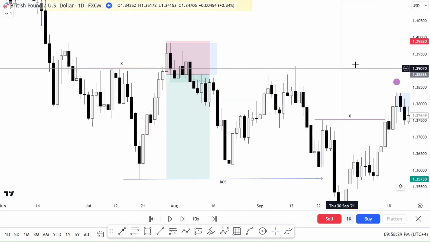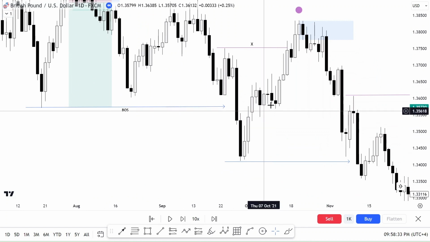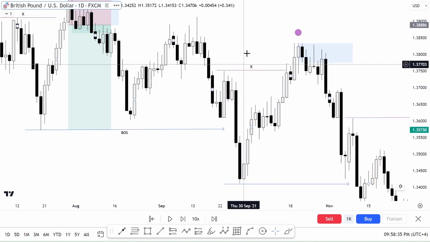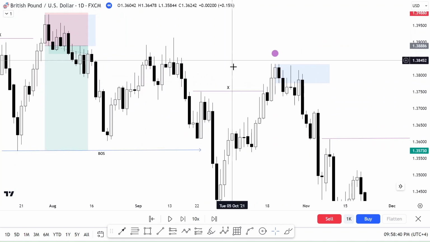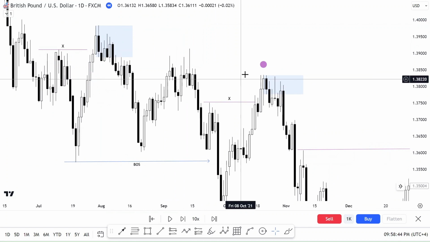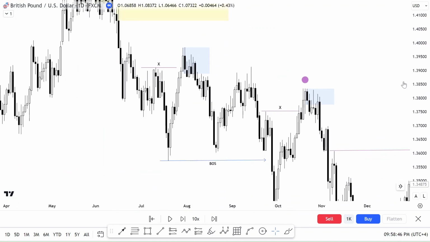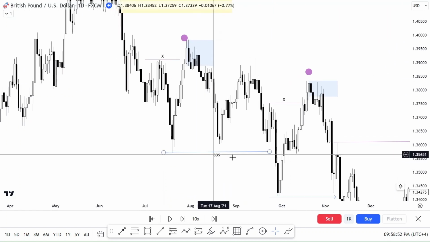So what happened here, the market broke the structure, and what you should do is wait until the market takes the previous liquidity level or the inducement, and you can wait until the market either taps into an OB or doesn't tap into an OB. So for example here, this will be your high, right? Because the market already broke the structure.